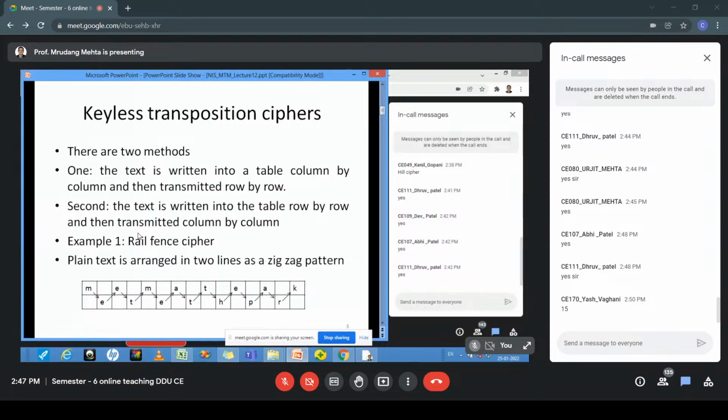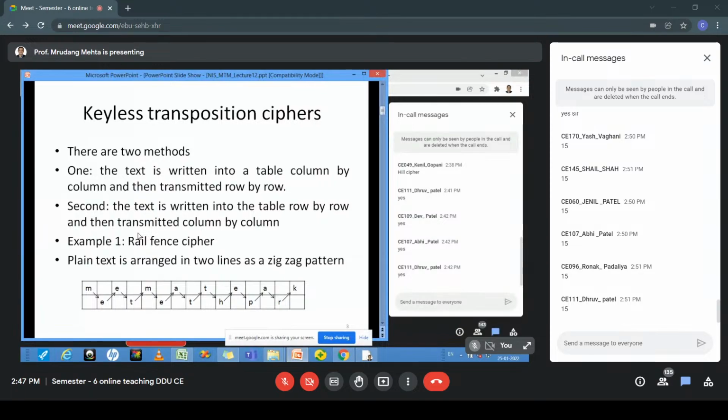I got 4 responses, 5 responses. Very good. Now the number of columns agreed in this particular example is 4.